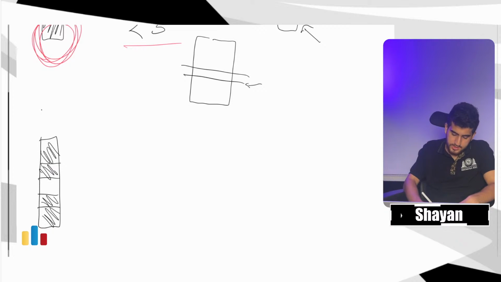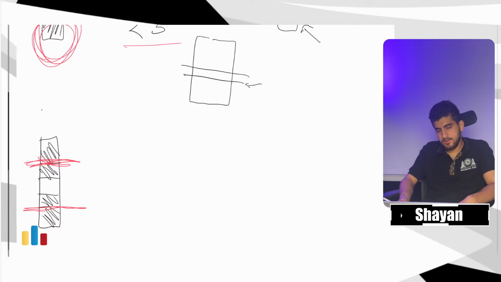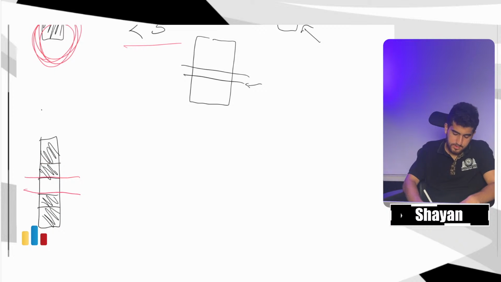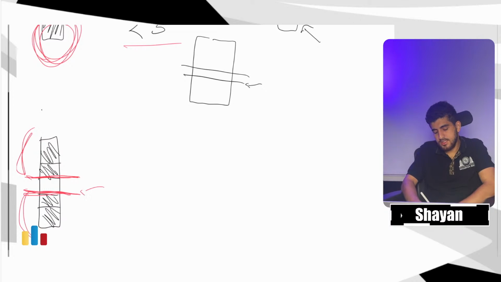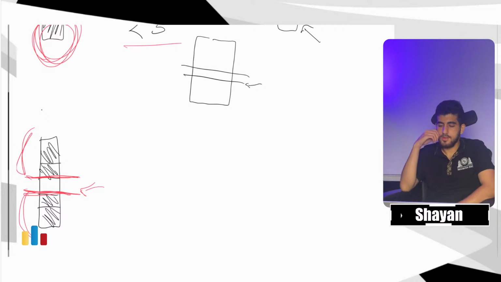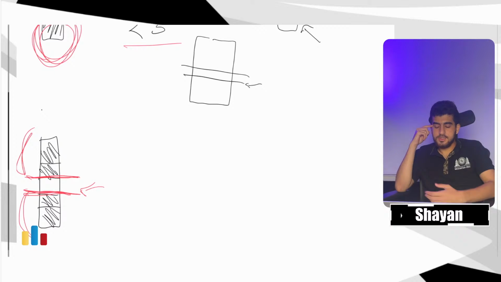Then if your cuts are like this, it's not going to be enough, right? You need to consider that you remove this middle one. So assume that there are so many black cells in here and so many black cells in here. You need to consider the case that you remove this middle row. Does it make sense now?